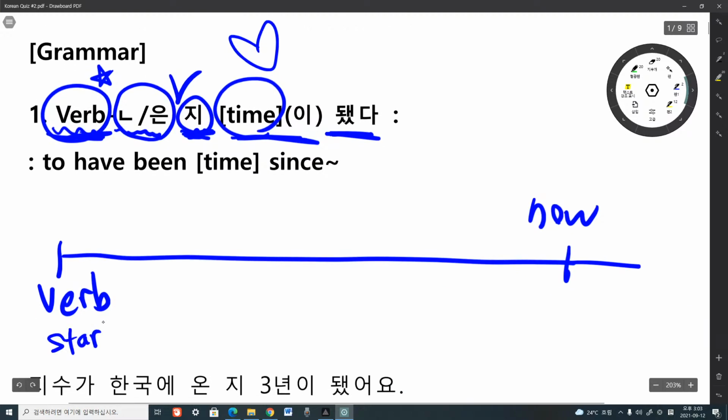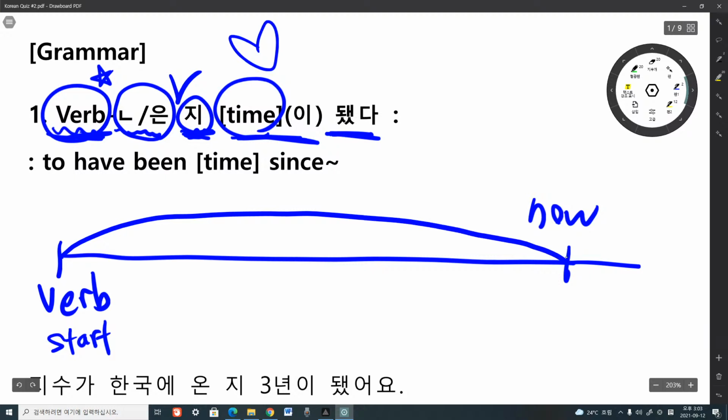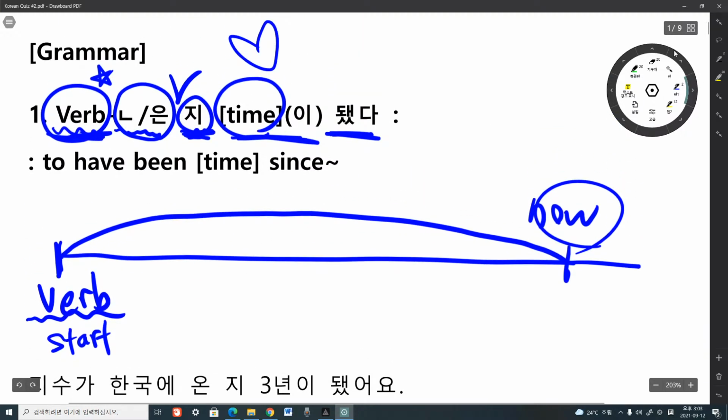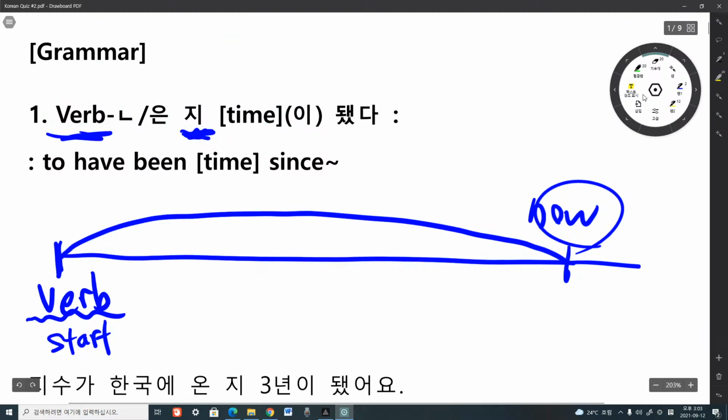So this expression is used to tell how many days, weeks, months, or years it's been since you started some action till now. Those of you who have already learned the verb modifier can see that this is the past form of the verb modifier, right? Since the action already started, you can mark it with the past tense.